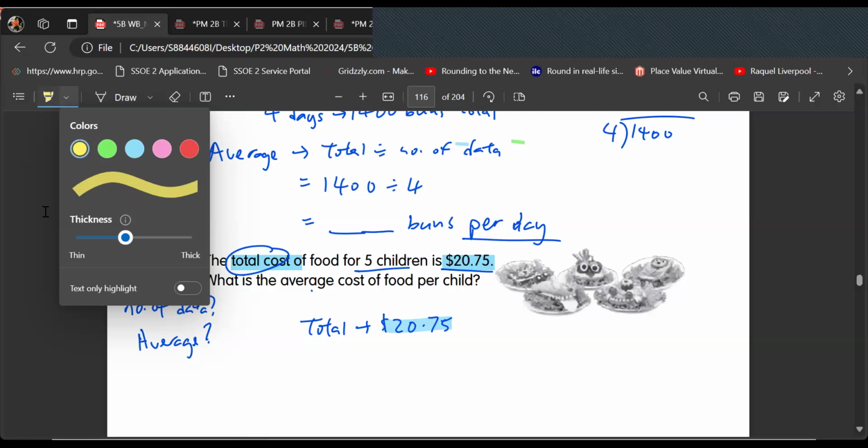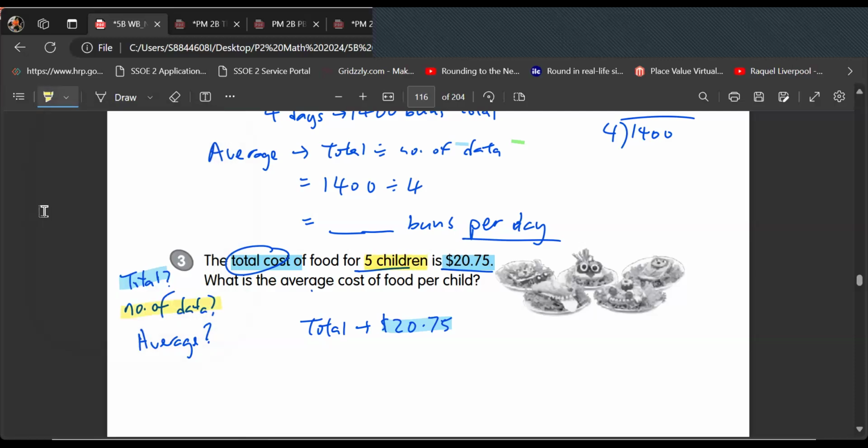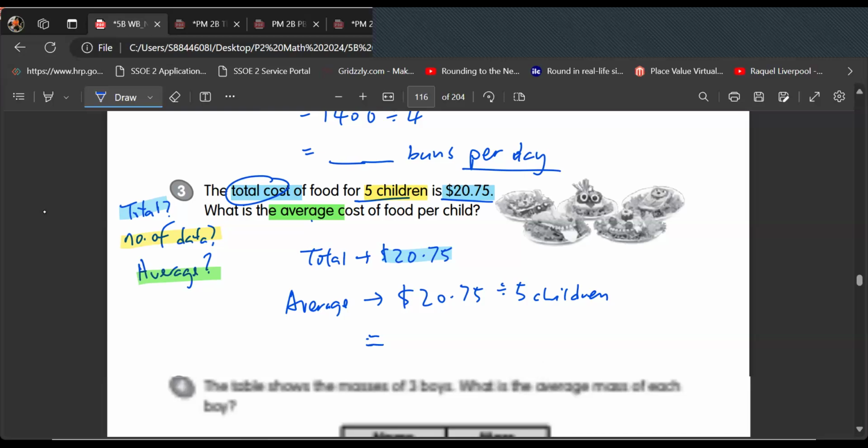Then I have the number of data, 5 children. I need to find the average. So the average will be the total $20.75 divided by the data 5 children. Don't forget, you must have what? Units, very good, which is the dollar sign.